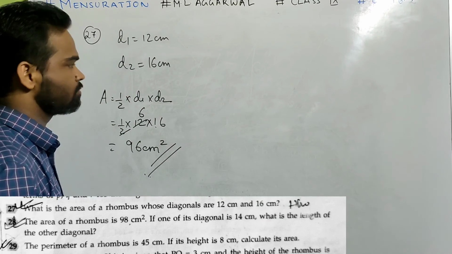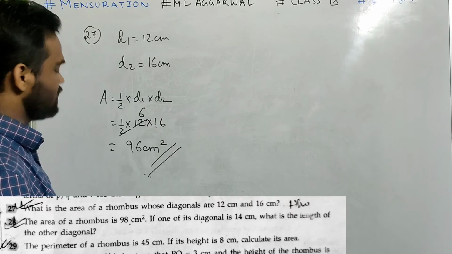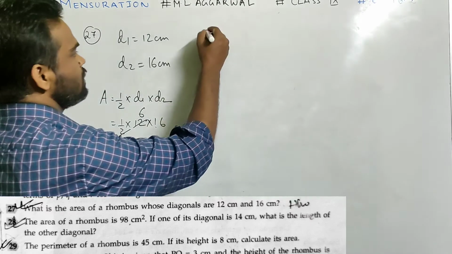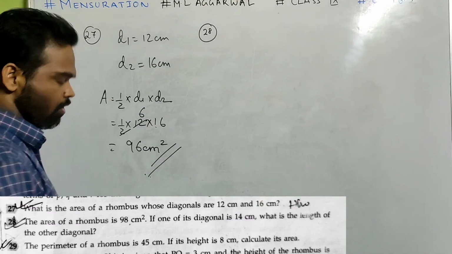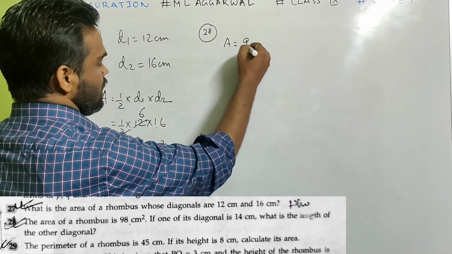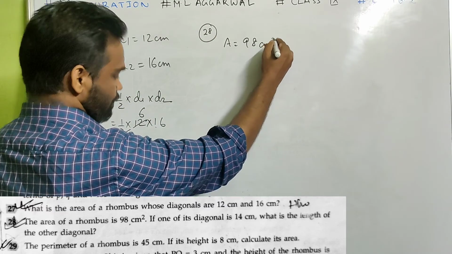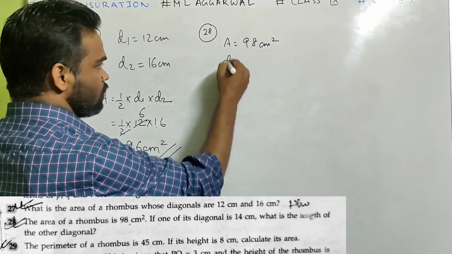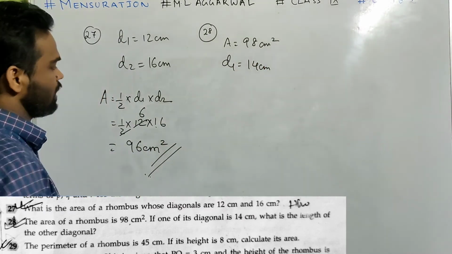Any issue? Sure. Then next one, 28. We'll do it over here only. There's enough space. 28. The area of a rhombus is 98 centimeter square. If one of the diagonals D1 is 14 centimeter, what is the length of the other diagonal?